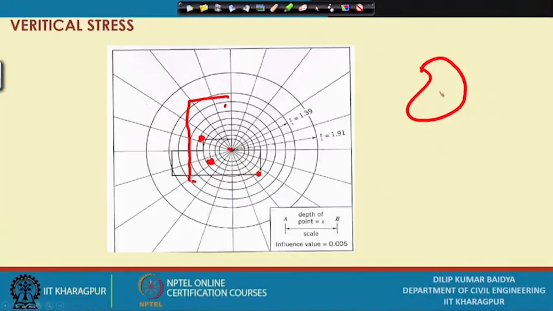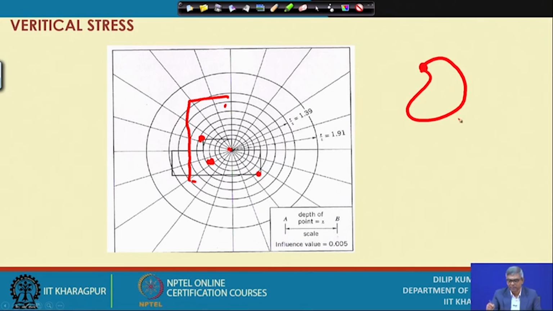Instead, if I want to find out pressure at this point, I will draw this area in a particular scale, keep this point here, and count the number of blocks covered. Then sigma z equals q into the number of blocks covered multiplied by the influence value, which gives the pressure at a particular depth.